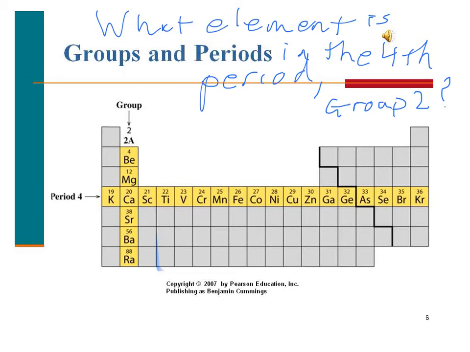So I'd come over to my periodic table, I'd count down 1, 2, 3, 4. So I know my element's in this period. Then I know it's in group 2, so I'd go 1, 2. Where do the lines intersect? At calcium. So I can provide coordinates for any element in the periodic table using the group number and the period.